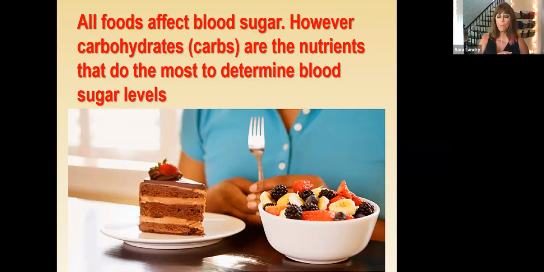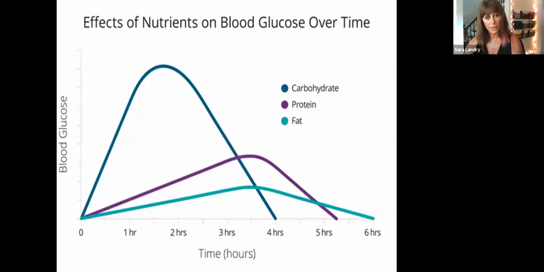However, carbohydrates are the nutrients that do the most to determine blood sugar levels. So what are carbohydrates? Anything made out of grain, breads, cookies, pizzas, fruits and vegetables are carbohydrates. These crackers, potato chips, most fast foods, those are carbohydrates, okay?